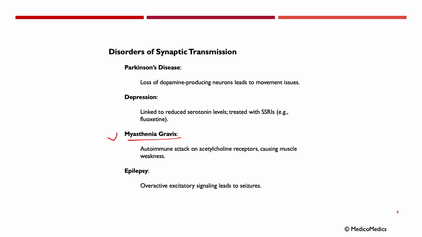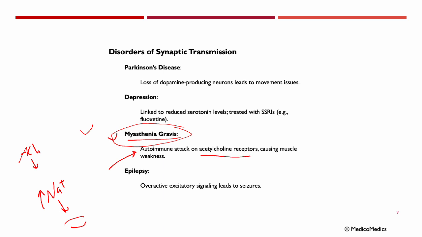So this can be directly correlated to the previous slide, where we talked about the neuromuscular junction, and we said acetylcholine enters the cleft, binds to nicotinic receptors, leading to sodium influx, leading to muscle contraction, right? And here we have a disorder where our immune system, for whatever reason, has produced antibodies that attack and destroy our acetylcholine receptors, causing muscle weakness.